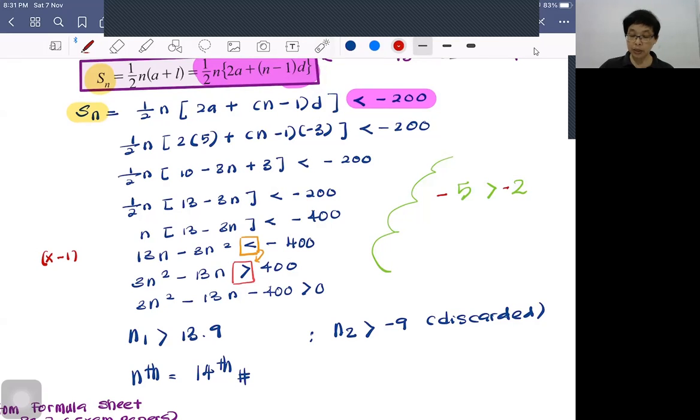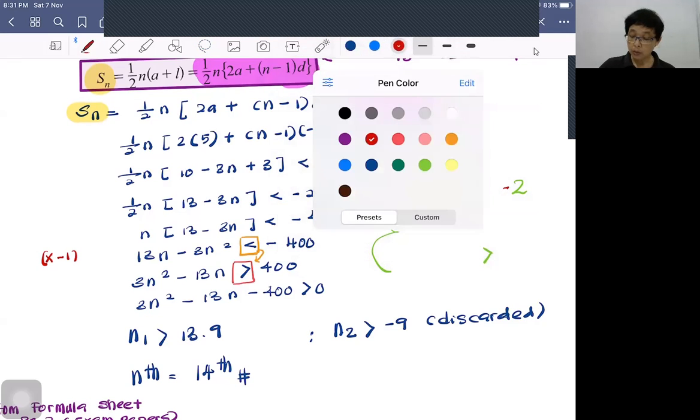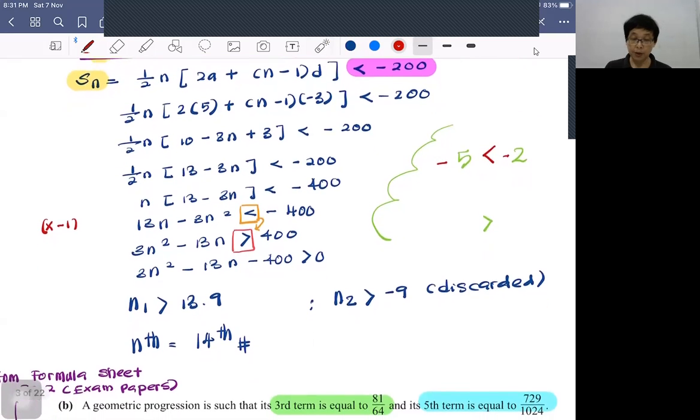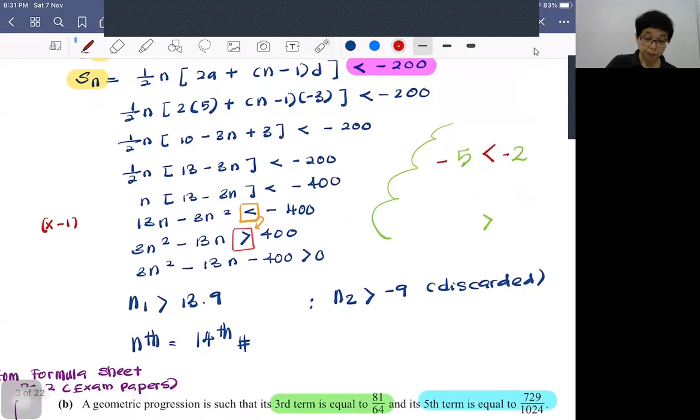Is this statement still true? It's no longer true. We have to take this away and substitute it with the flip side of the inequality. That is the reason why the sign flips.